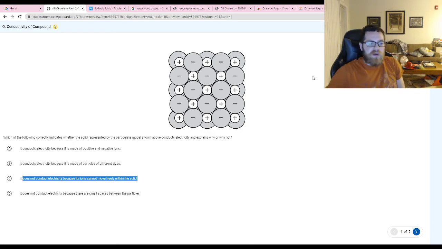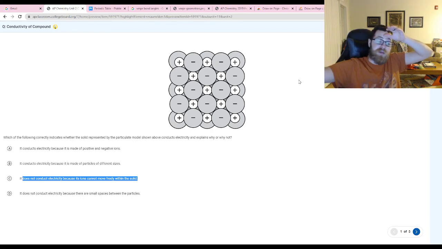It needs to be able to move, right? Because the conduction of electricity is these moving in response to the electricity, creating potential energy that carries on throughout the substance, and that potential energy is then transferred through, because that's what electricity is. It's potential energy due to the movement of electrons.